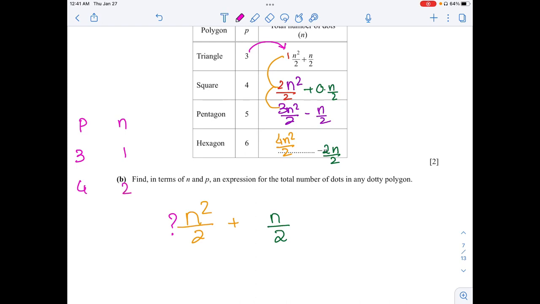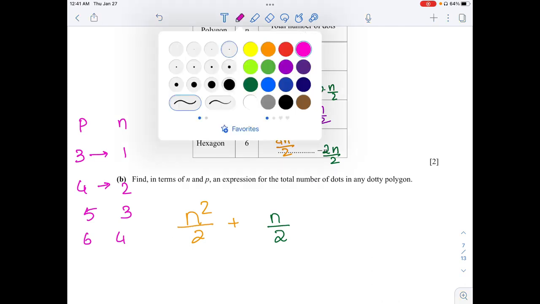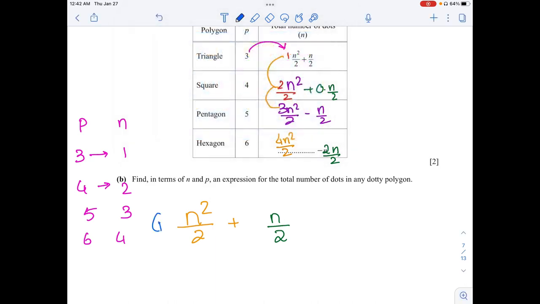When p is 4, n became 2. When p is 5, n became 3. When p is 6, n became 4. You can see the difference is 2. So what can I do? I can erase this and write this as p minus 2. You can see that p minus 2 gives you n. So the p minus 2 gives you the number before n square upon 2.